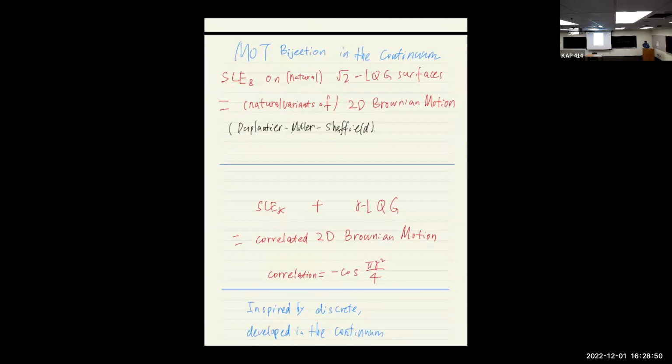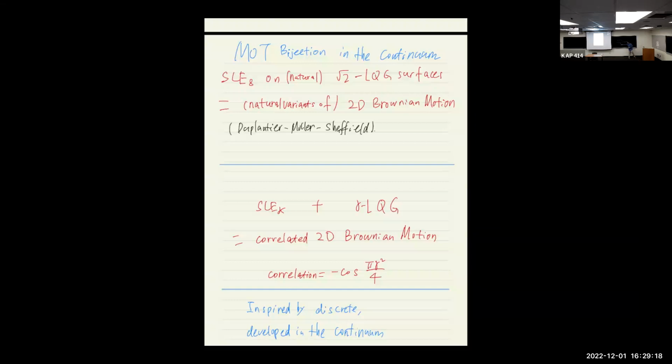And more generally, if you have SLE kappa, you can change this parameter to a generic parameter. And then this will be changed to another generic parameter. And then you always have a two-dimensional Brownian motion. The only difference is that in the case where kappa equals 8 and gamma equals square root of 2, the two coordinates of this Brownian motion are independent.